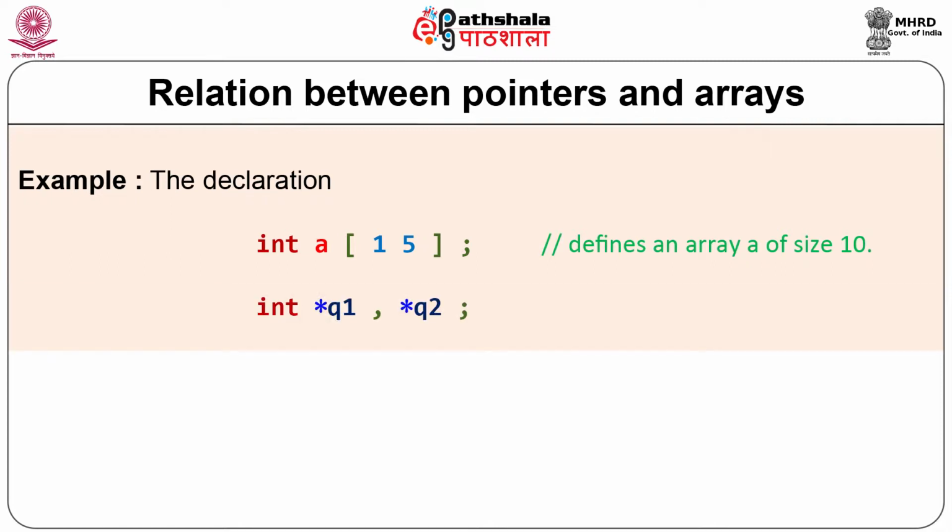The next statement is int *q1, *q2. The third statement is q1 = a, and the fourth statement is q2 = &a[0]. In these statements, both q1 and q2 point to the first element of array a. Indeed, a itself is a pointer, and we can use pointer arithmetic or array indexing equivalently in order to access an element of an array.